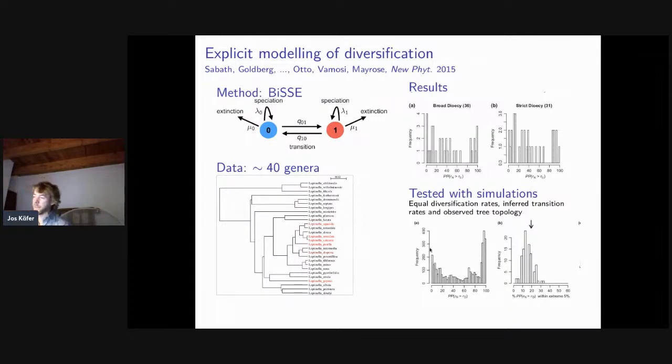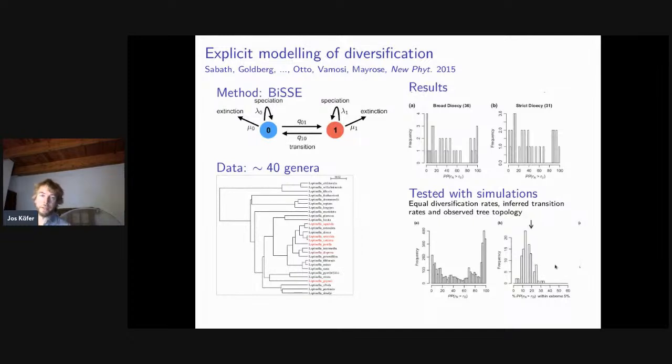And then they simulated this, and indeed they found the same pattern. You have this bimodal distribution where either dioecious species are diversifying more or less, and the observed value they found is somewhere in between their simulation results.